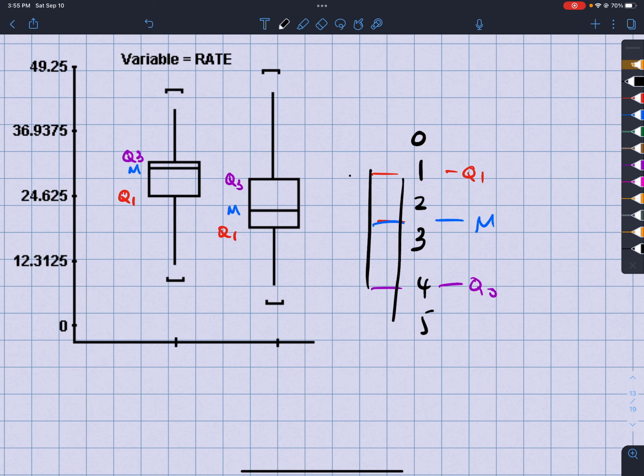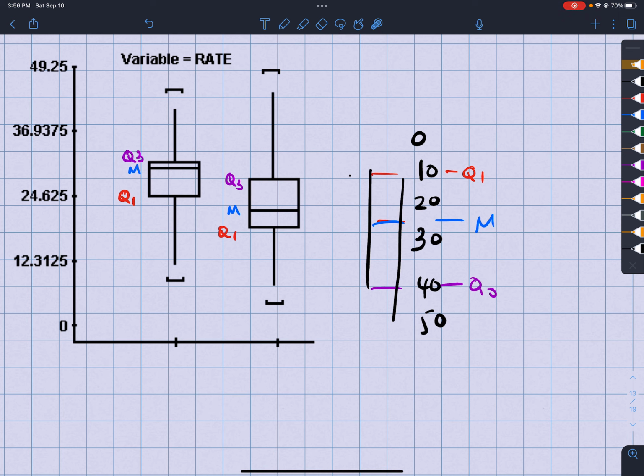So let's say instead, let's just add numbers into it. Let's keep 0, 10, 20, 30, 40, 50. Now the spread is that way. Do you think the box of the Q1, median, and Q3 is going to be further apart or closer together than with 1, 2, 3, 4, 5?